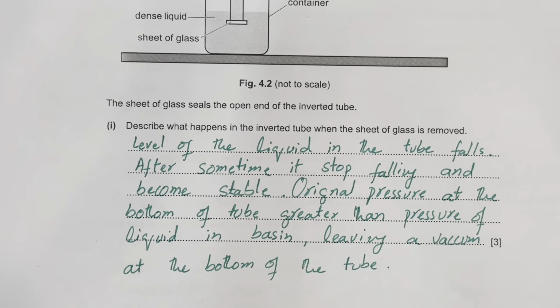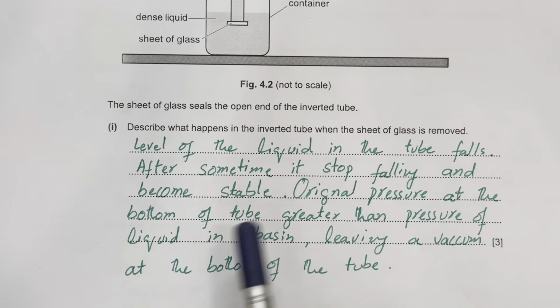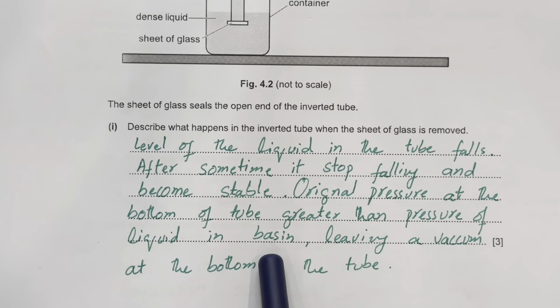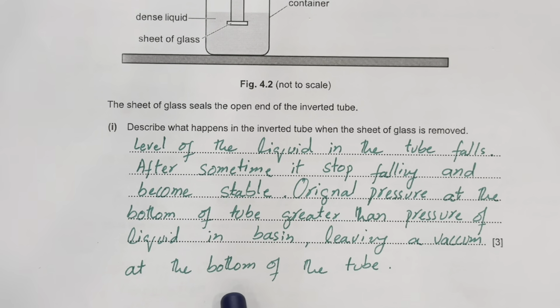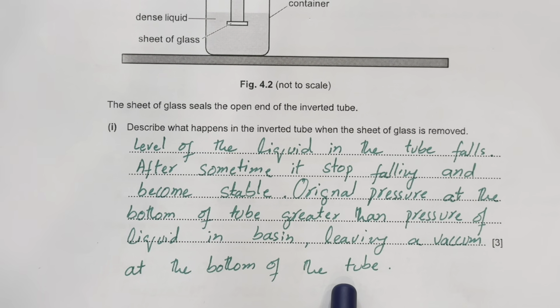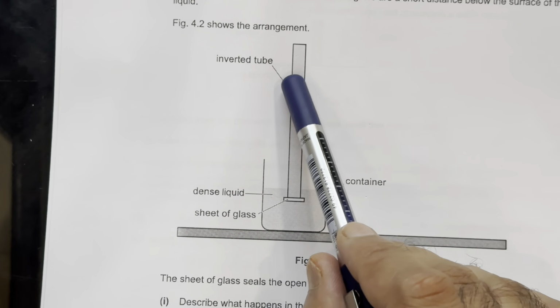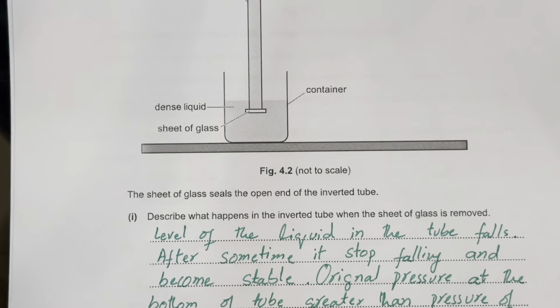It decreases when we remove the glass, but after some time it stops falling and becomes stable. The original pressure at the bottom of the tube is greater than the pressure of the liquid in the basin, leaving a vacuum at the bottom of the tube. So the bottom of the tube will remain empty, as a vacuum would be created over here.